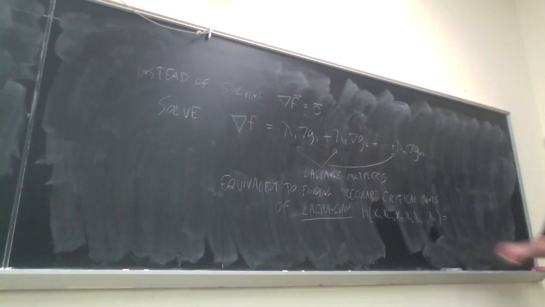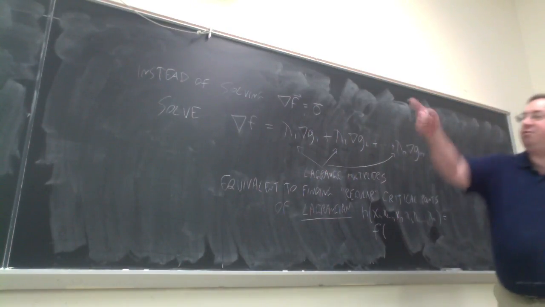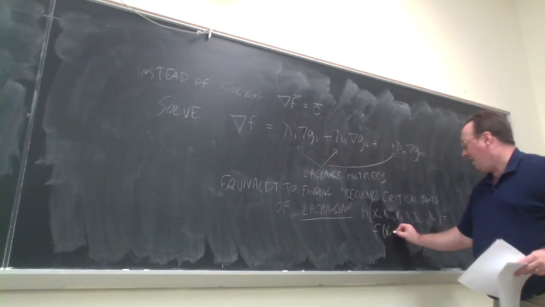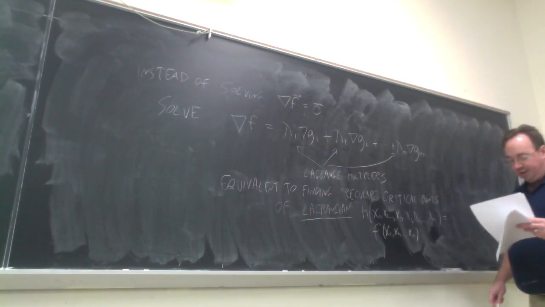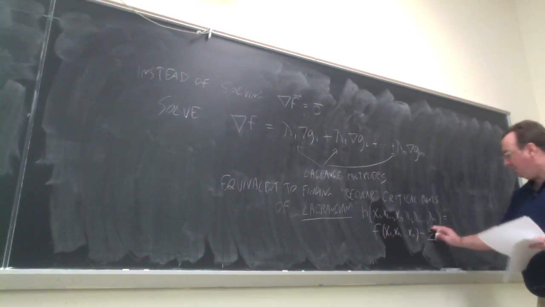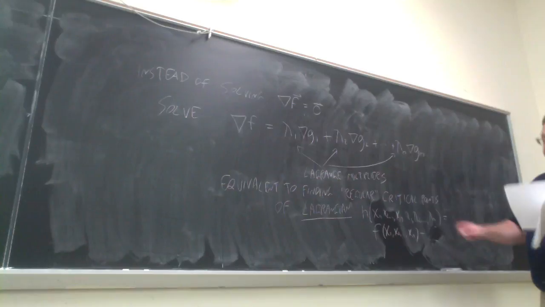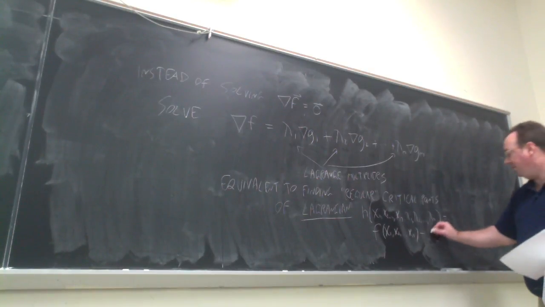And the formula for this function is just the function you're trying to find a max or min of, f, and then you just subtract off each Lagrange multiplier times your constraint function.